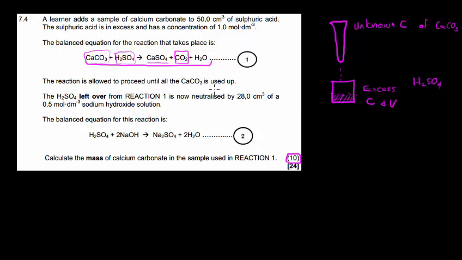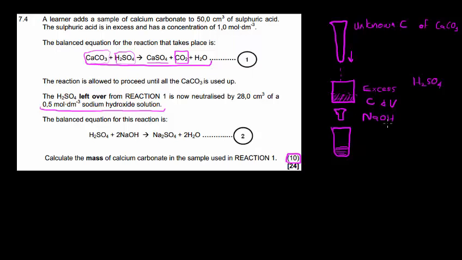Now they say the reaction is allowed to proceed until all of that is used up. There's some of this left over from reaction 1. This is now neutralized. In other words, they're going to add something else, this much sodium hydroxide. So in a new experiment, we take what is left over from this and we add sodium hydroxide, NaOH.